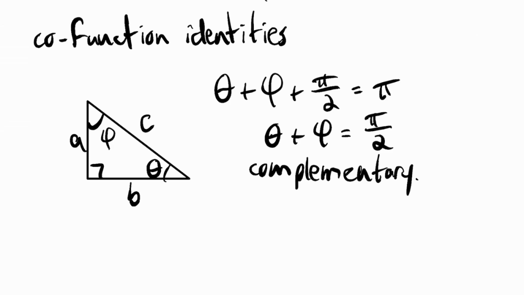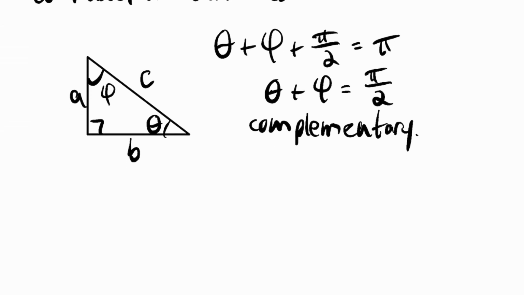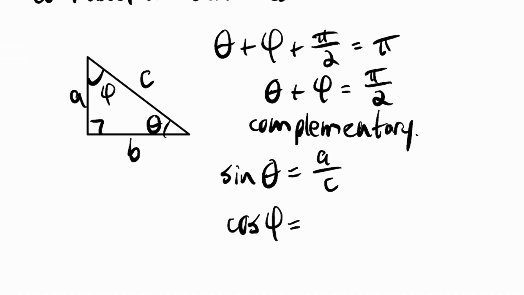Complementary. Okay. So this is where cosine comes from, essentially. If I say sine of theta, based on my triangle, opposite over hypotenuse, that's going to be A over C. Now, if I say, what is cosine of phi? Focused on the angle phi, it's going to be adjacent over hypotenuse, which is also A over C. So they're equal.